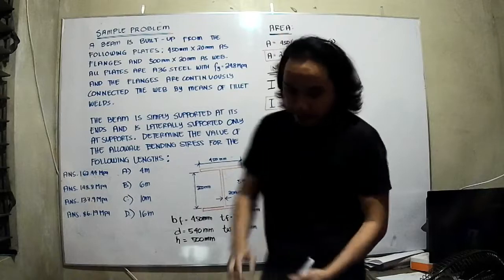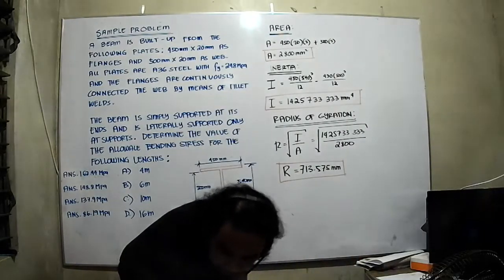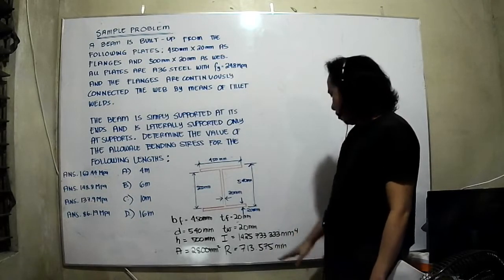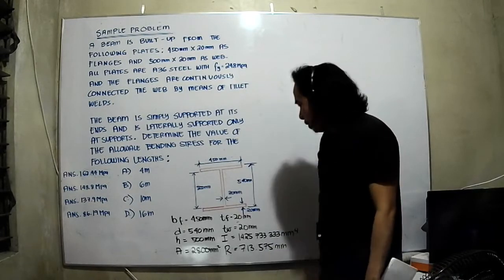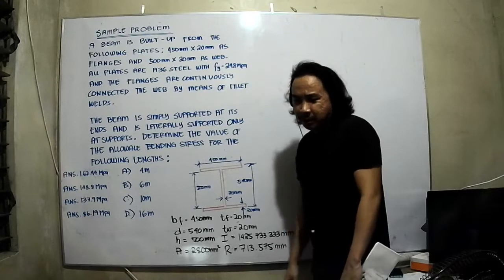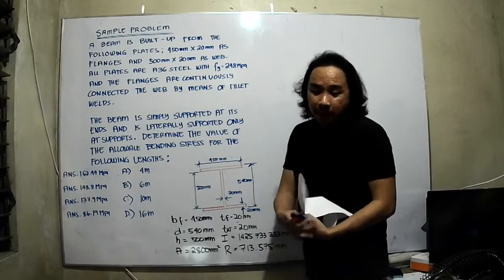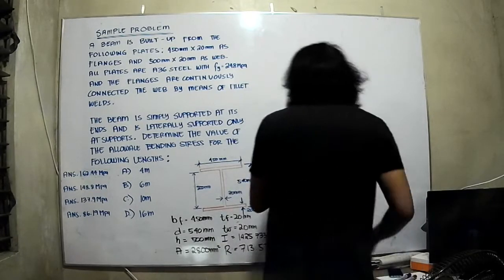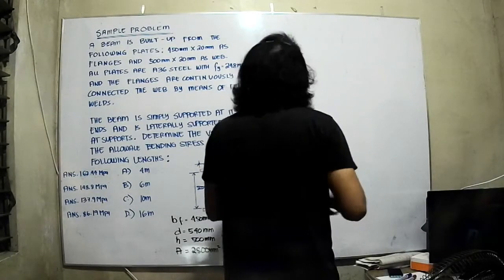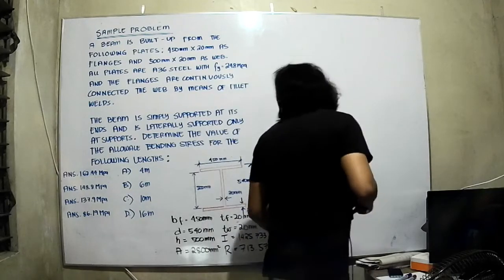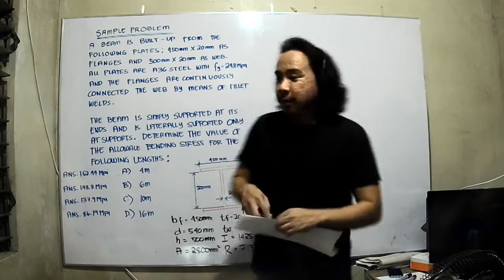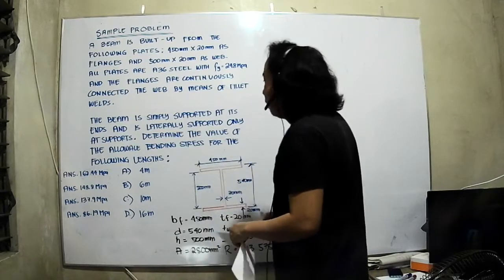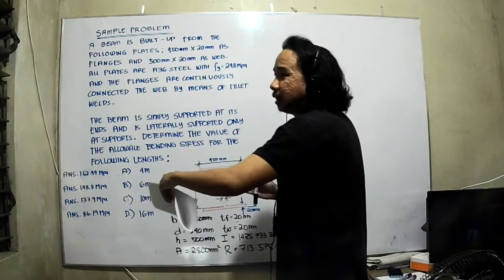Okay. So we've noted our geometric properties of the section. Let's now try to solve for A. Now, it was mentioned earlier that the bracing length is only at the supports.